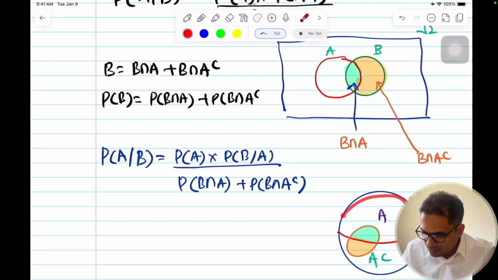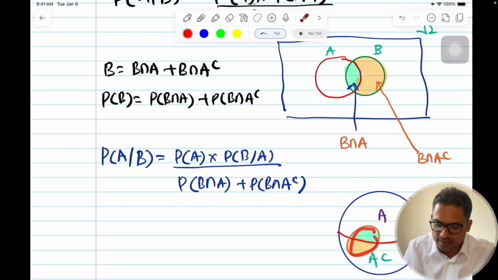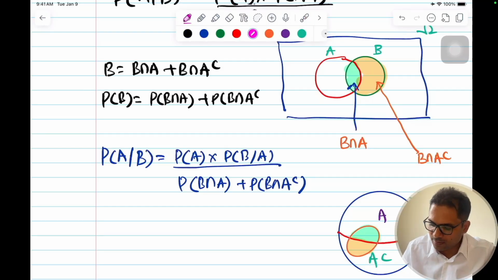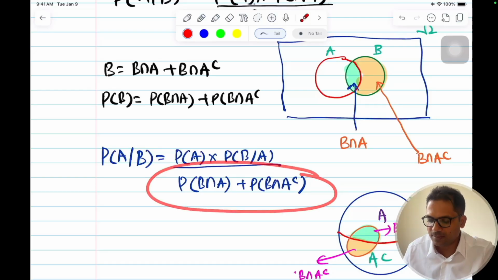So can we say that our sample space is divided into two parts, A and A complement? And we are giving the information about B as B intersection A and B intersection A complement. So our omega is divided into two parts, and this is how we can give our B.